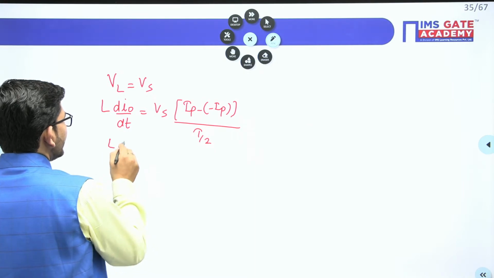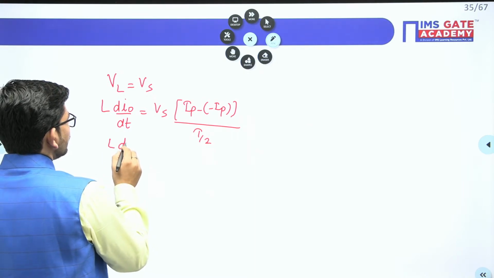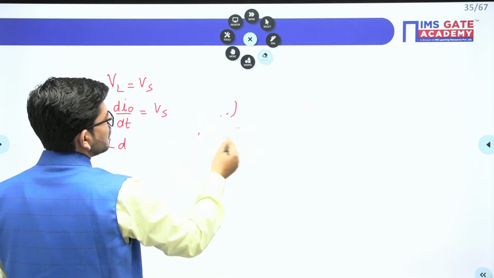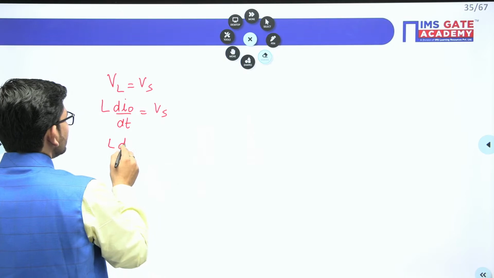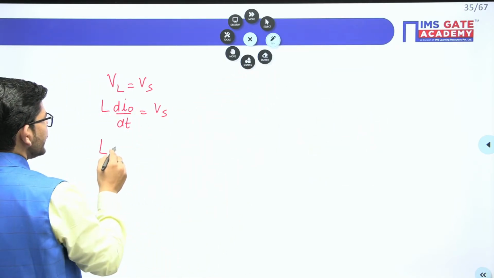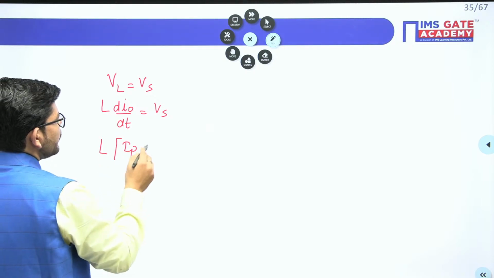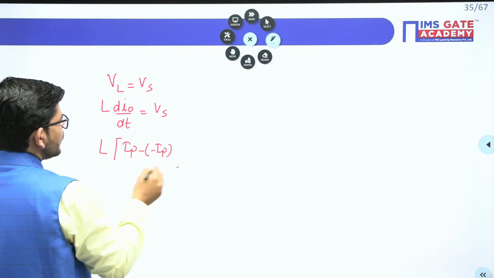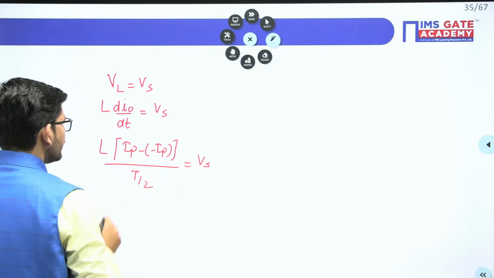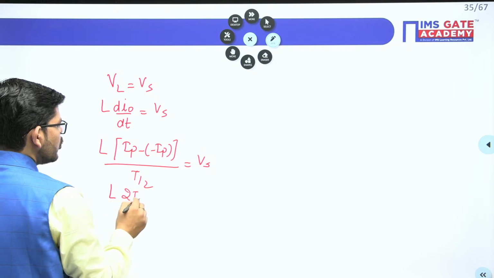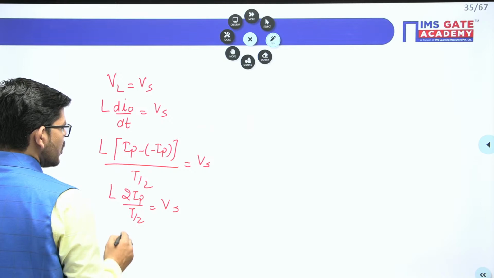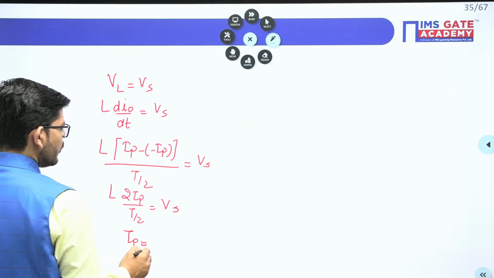So what will happen? L, I have to write this here, okay? The change in current is Ip minus of minus Ip divided by T by 2, and here we have Vs. So guys, this will be L times 2 Ip divided by T by 2 equals Vs, or we have Ip equals what?